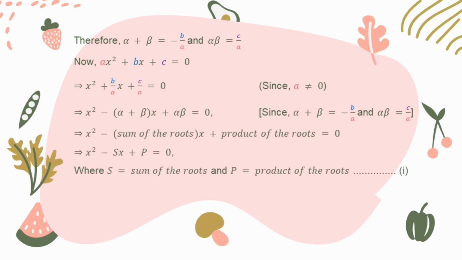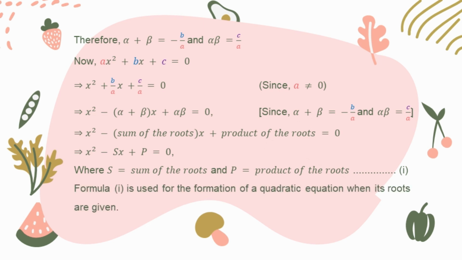So, x squared minus sum of the roots x plus product of the roots equals 0. We let s be the sum of the roots and p be the product of the roots. So we got x squared minus sx plus p equals 0, where s is the sum of the roots and p is the product of the roots. So this formula is used for the formation of a quadratic equation when its roots are given.